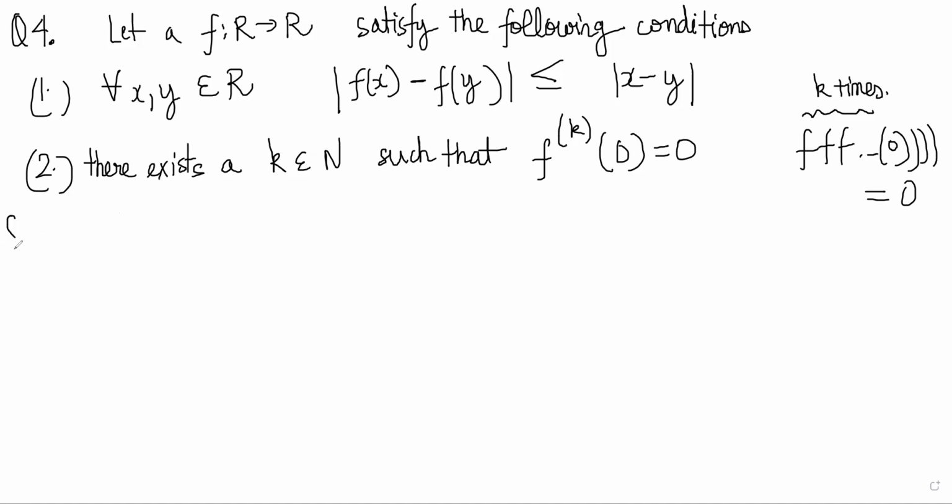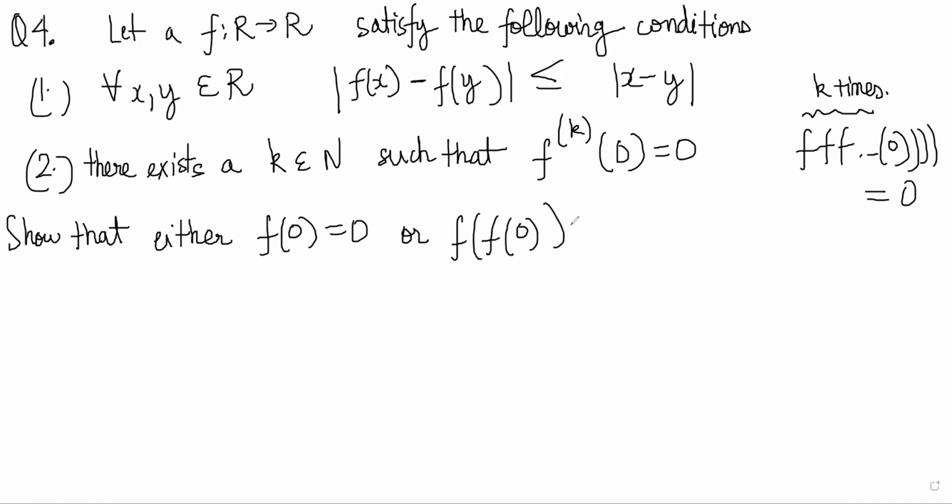We have to show that either f(0) is 0 or f(f(0)) is 0. So if a function satisfies the first condition and the second condition, we have to show that either f(0) is 0 or f(f(0)) is 0, right?